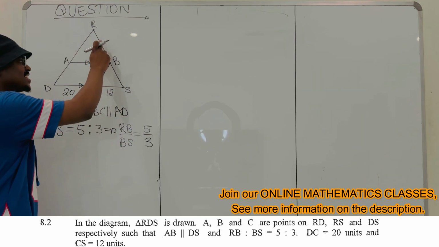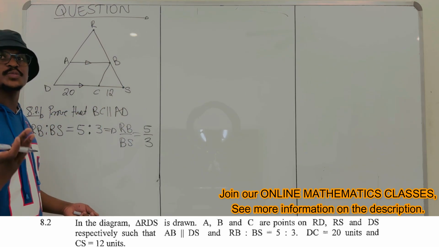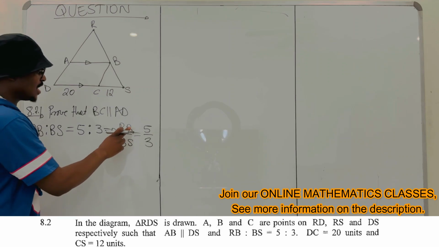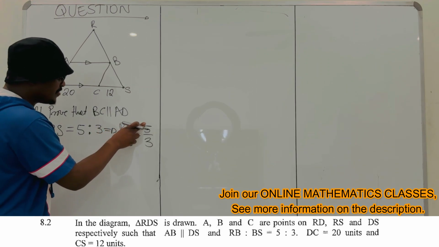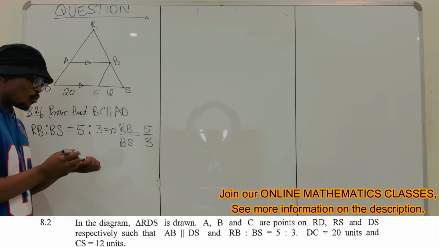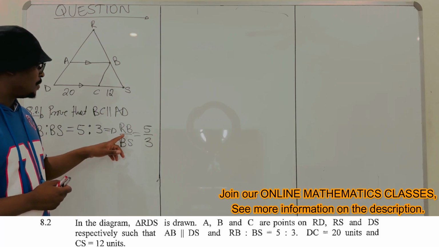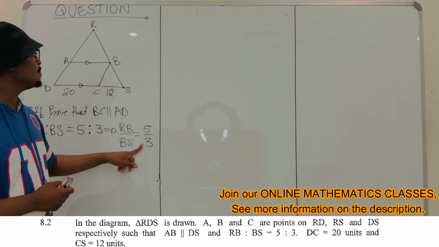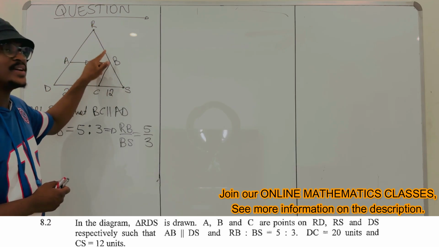So it's not generally true that the numbers in the ratio are the exact same length of the corresponding sides. If you're saying RB over BS equals 5/3, it doesn't mean RB is equal to 5 in general or BS is equal to 3 in general. The way you can think of this is that 5/3 is the simplest ratio between the length of RB and that of BS.